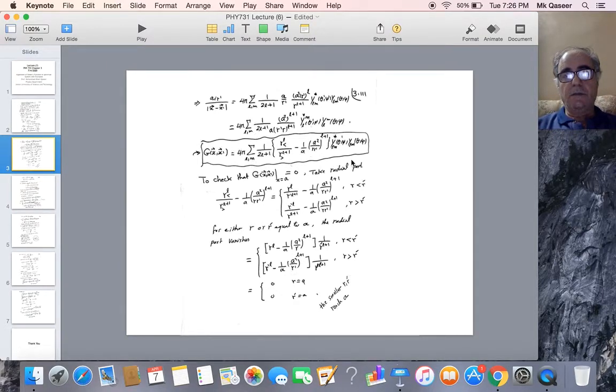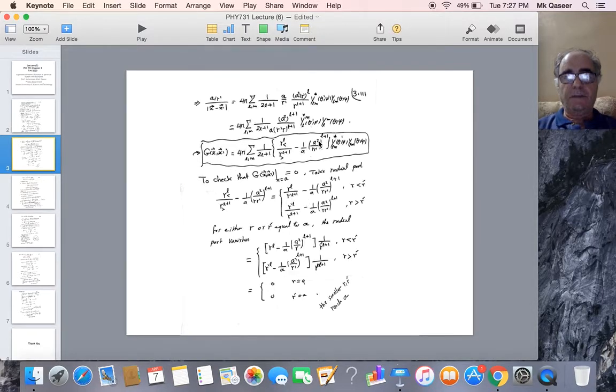We get this expression. This is the first term, which is 1 over |x minus x prime|, and the second represents the second term, which is this term. Now let's check that this gives 0 at x equal a, because the sphere is at 0 potential. If we put x equal a or x prime equal a, we have to get the same result, and this result must be 0 because this function is symmetric in x and x prime.